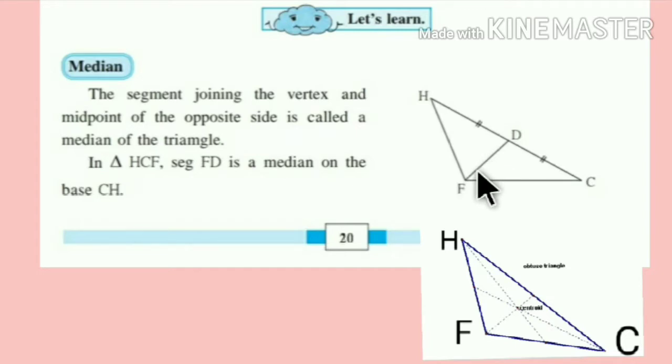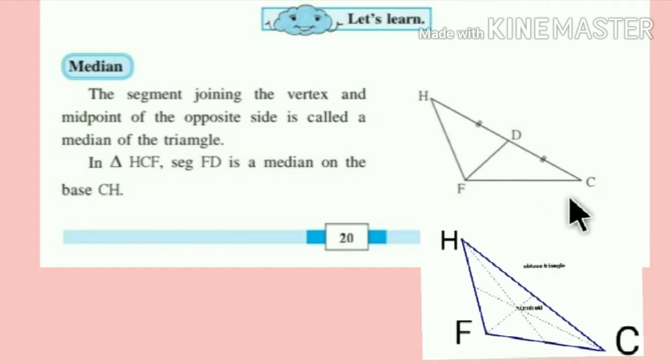Like this, we can draw the second median from the vertex H on the opposite side, that is FC. Let us see here, from this H on the opposite side FC, this median also makes two equal parts of the segment FC.